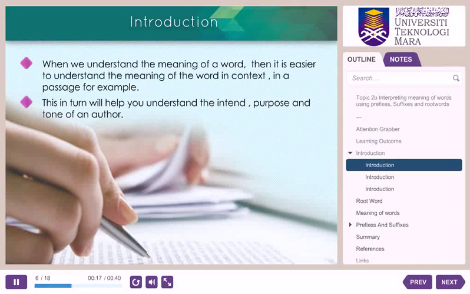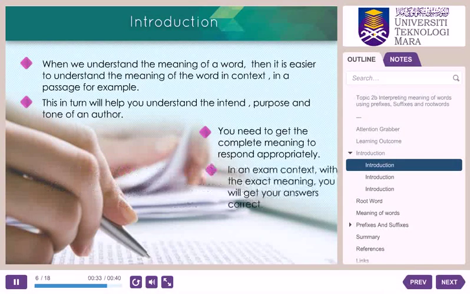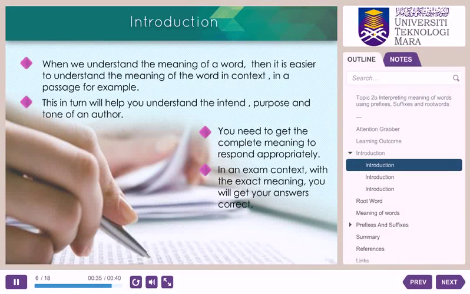This, in turn, will help you understand the intent, purpose, and tone of an author. You need to get the complete meaning to understand appropriately. In an exam context, with the exact meaning, you will get your answers correct.